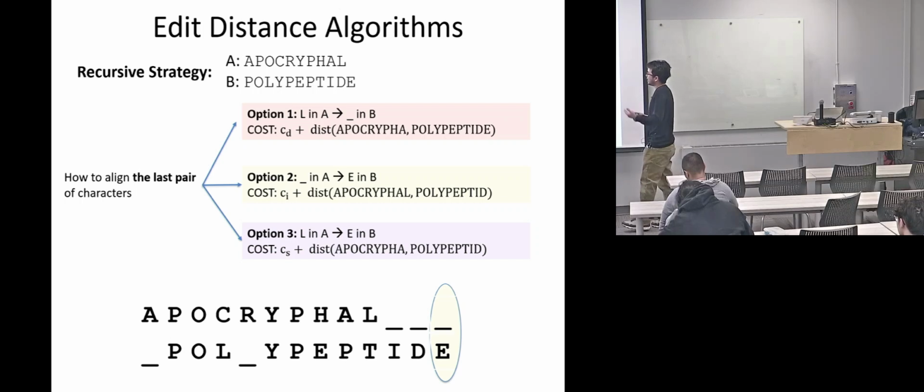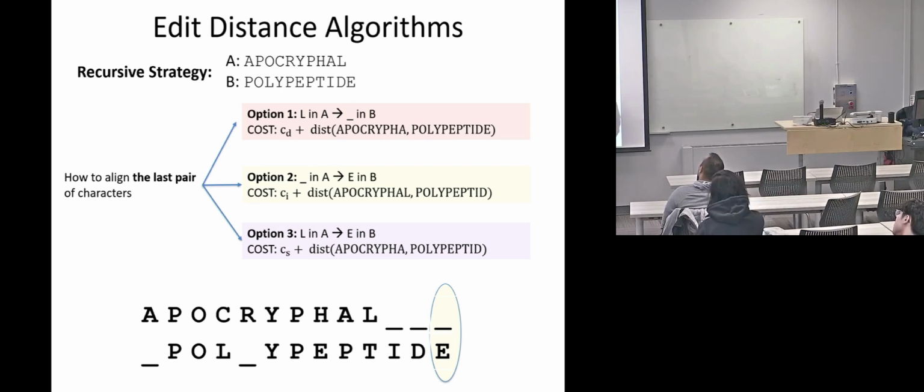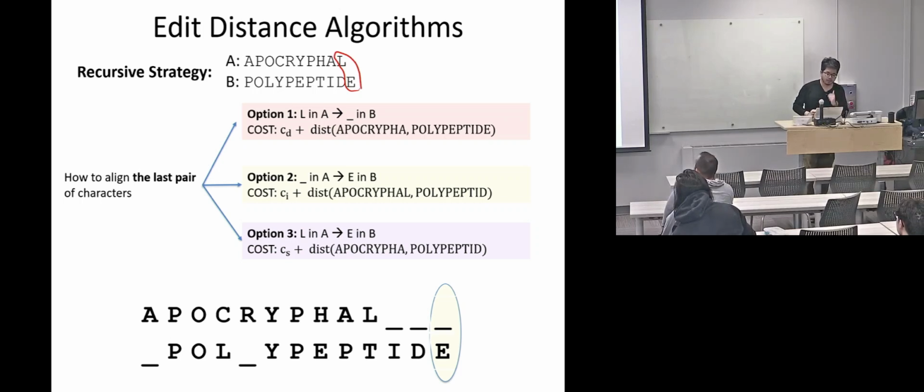So the first idea might be, let's look at the last character of the two strings. And you can just ask, how do we want to align the last character of the two? There are really not too many options when you just look at the last character of the two.